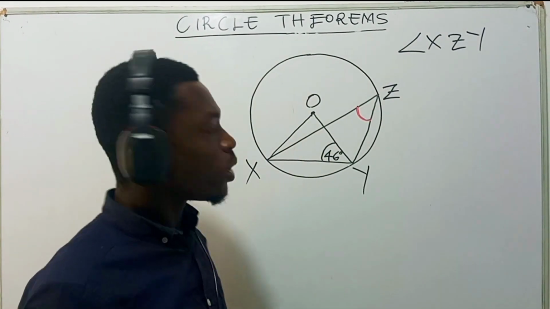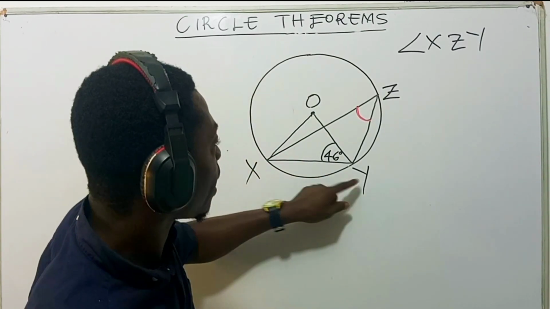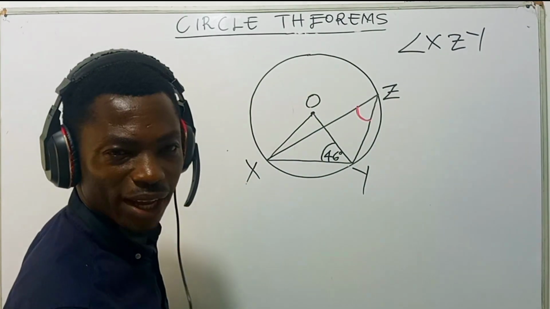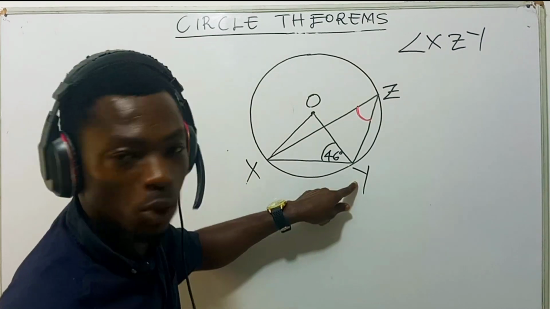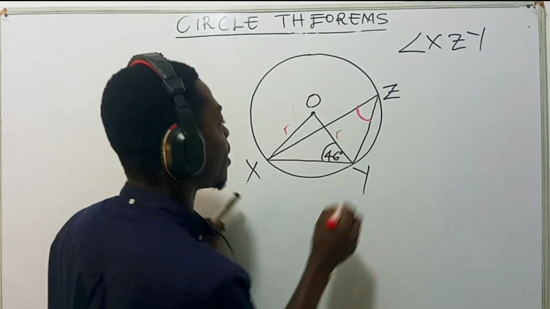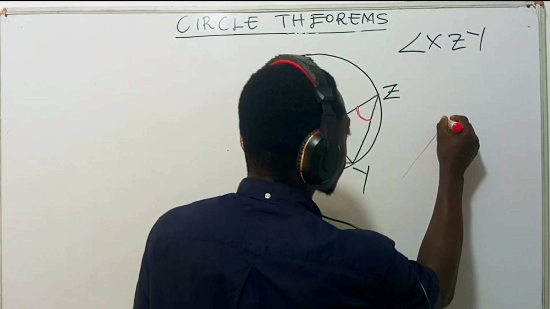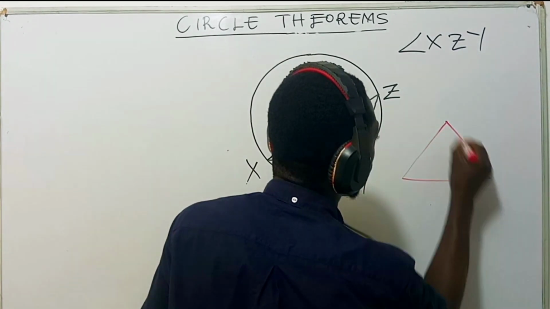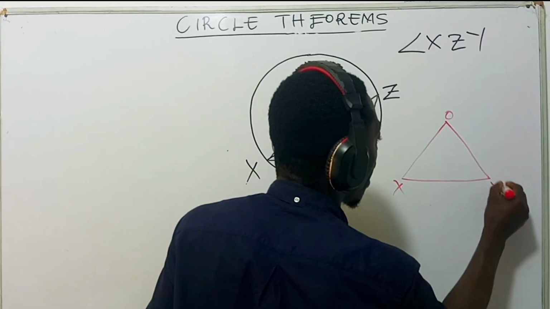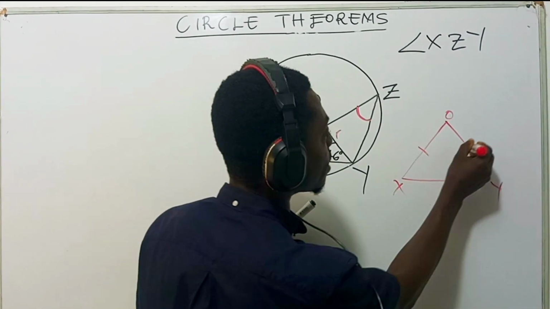What then can we do? Consider triangle OXY. Now, OX is actually a radius, and then OY is also a radius, meaning this is R and then this is R. Okay, all right. Now, if we bring this triangle OXY outside the figure right here, you notice that this side is equal to this side.